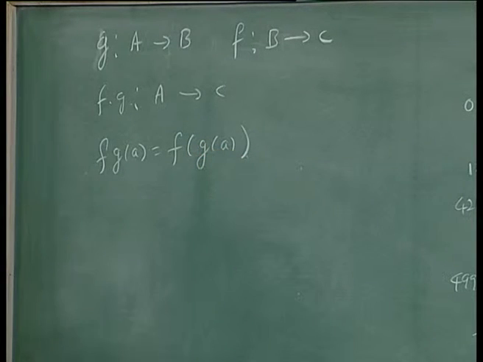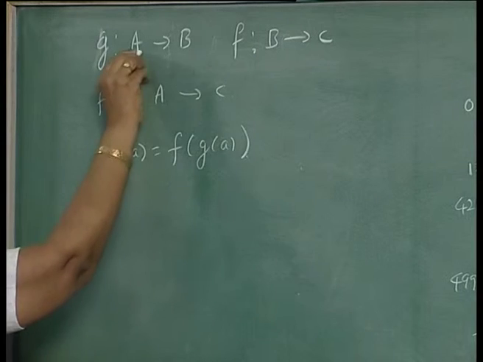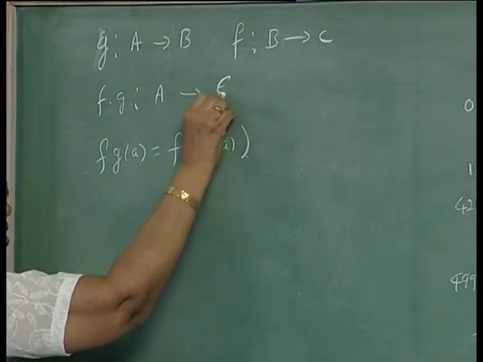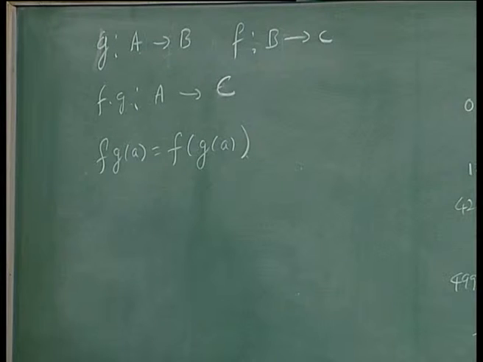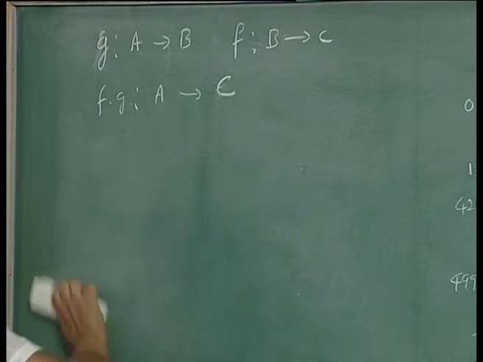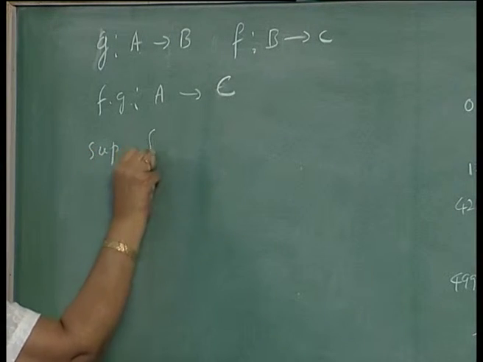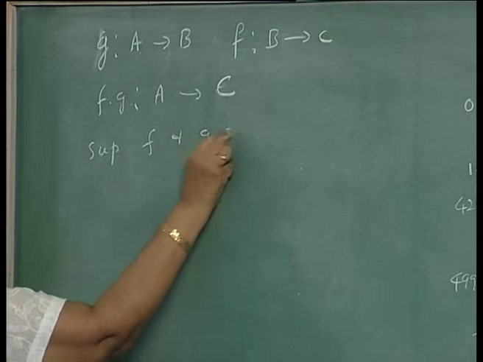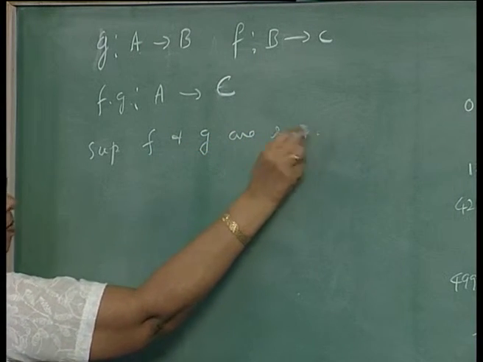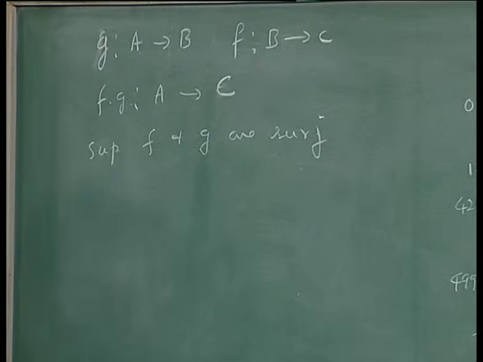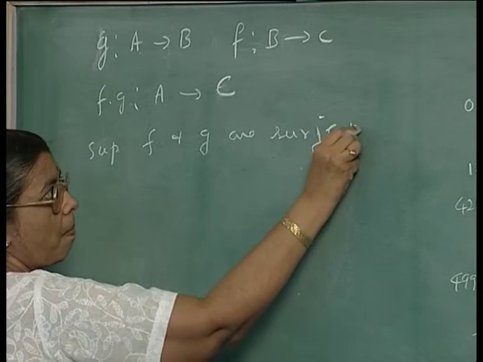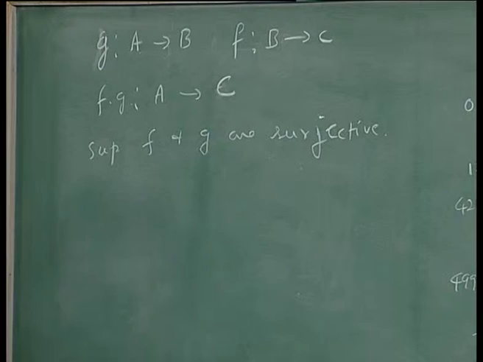So it maps an element belonging to set A to an element belonging to set C. Now, we want to show that if f and g are surjective, onto, then f g is surjective. How can you prove that? Suppose f and g are surjective. That means we want to show that f g is surjective.